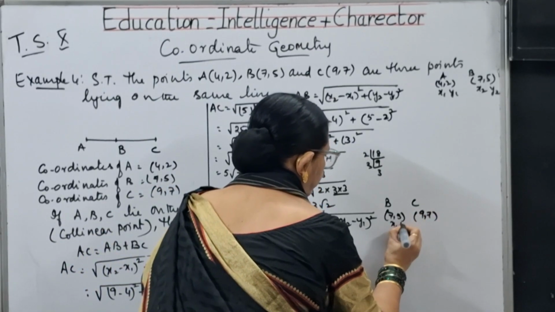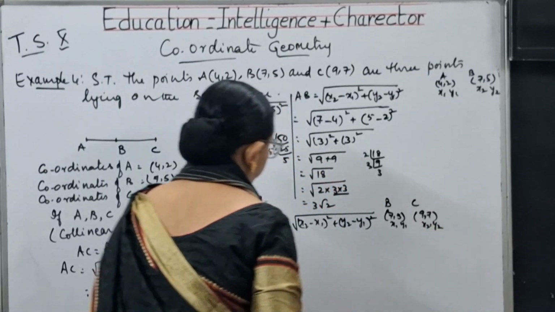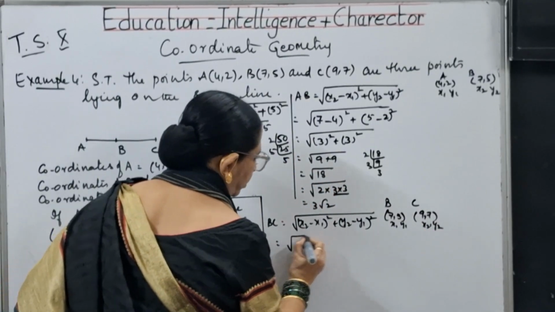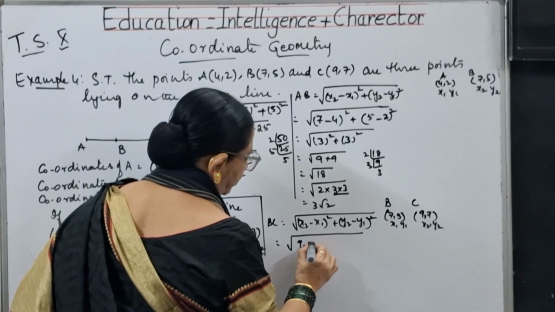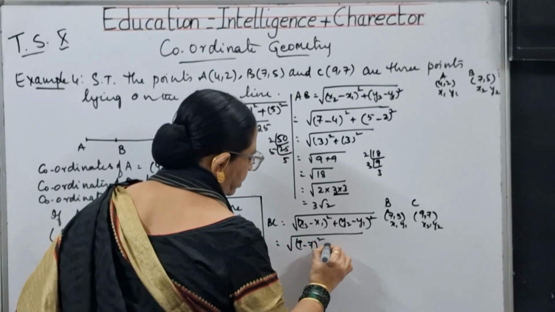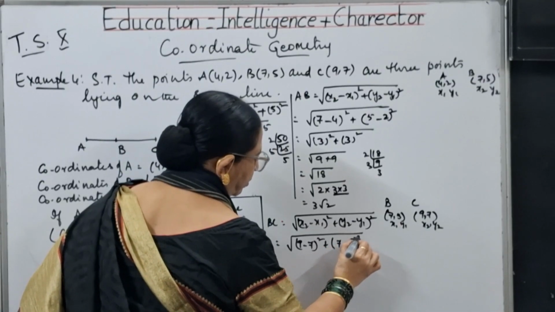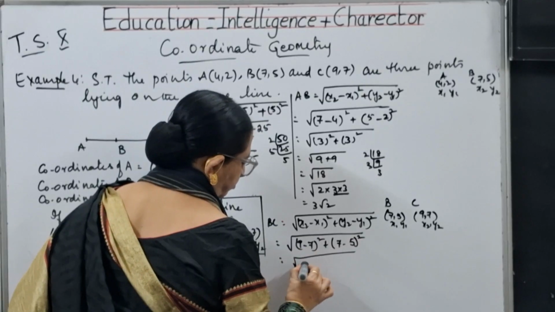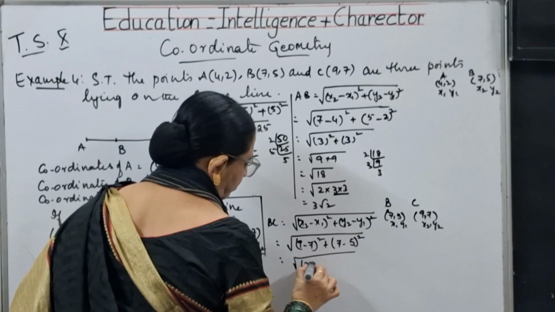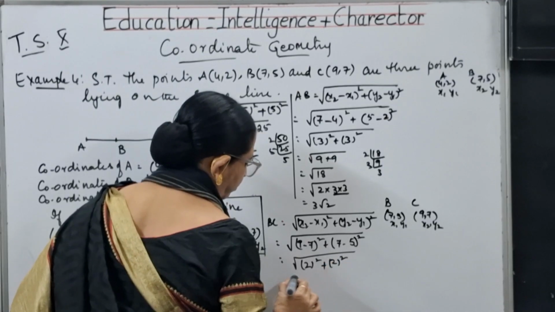So x1, y1, x2, y2. Root of (9 minus 7, which is 2) whole square plus (7 minus 5, which is 2) whole square.